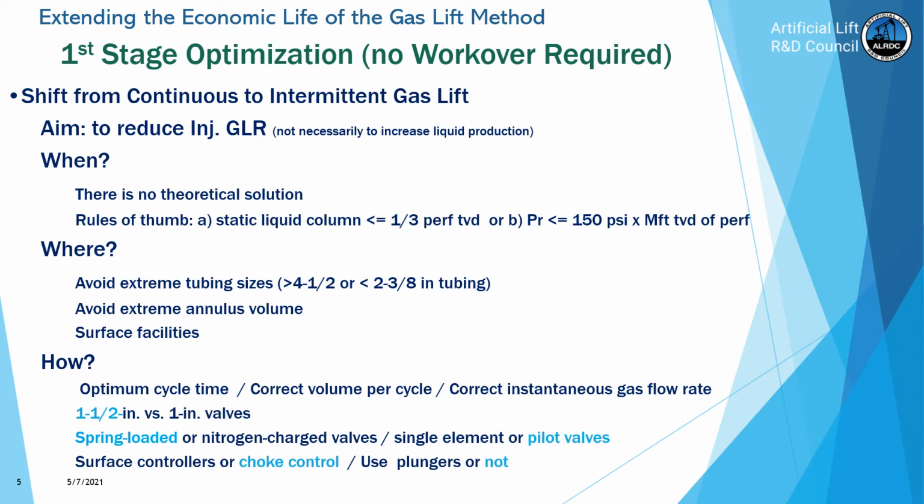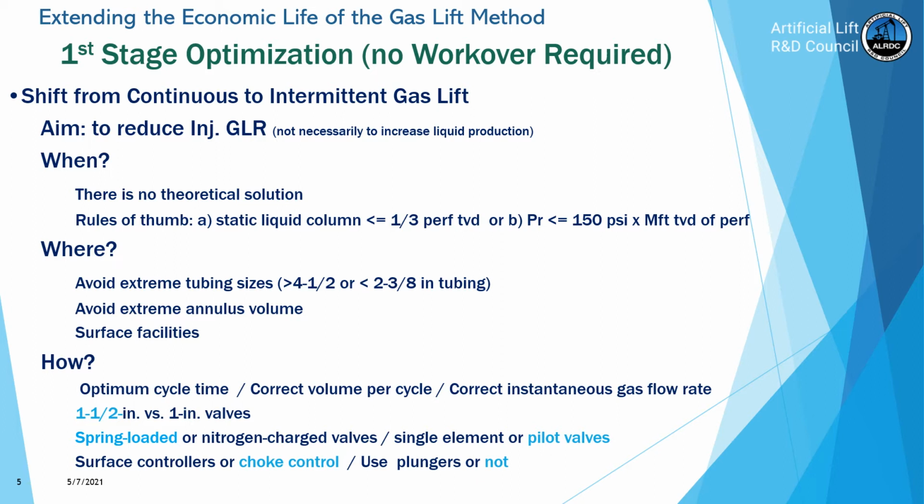So you're going to spend a lot of gas per cycle, and at the same time, the velocity through the valve is not going to be large enough to produce the liquid slug at the velocity that will minimize the liquid fallback losses. So you have two things going wrong: too much gas per cycle at a velocity that is not correct.